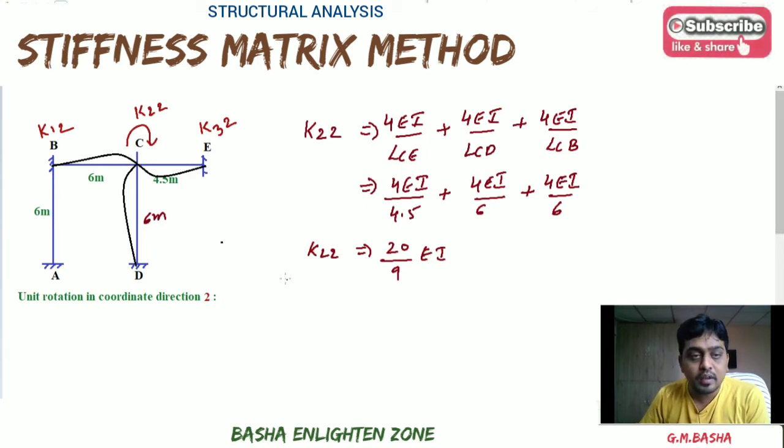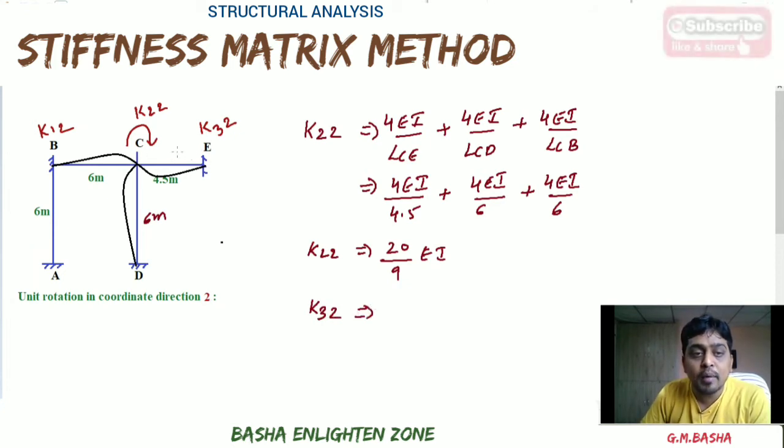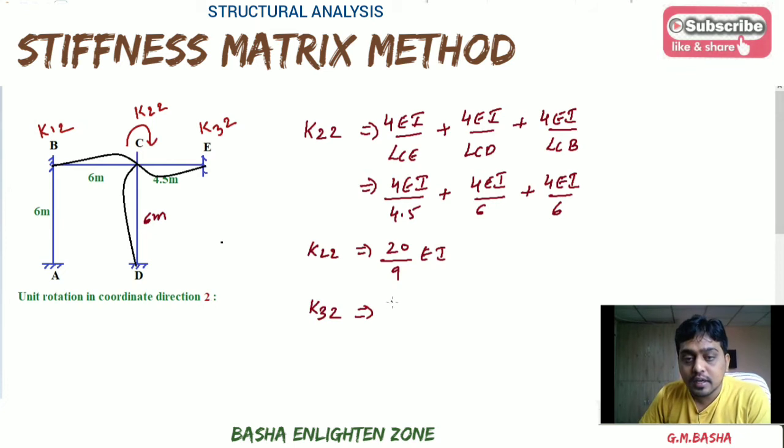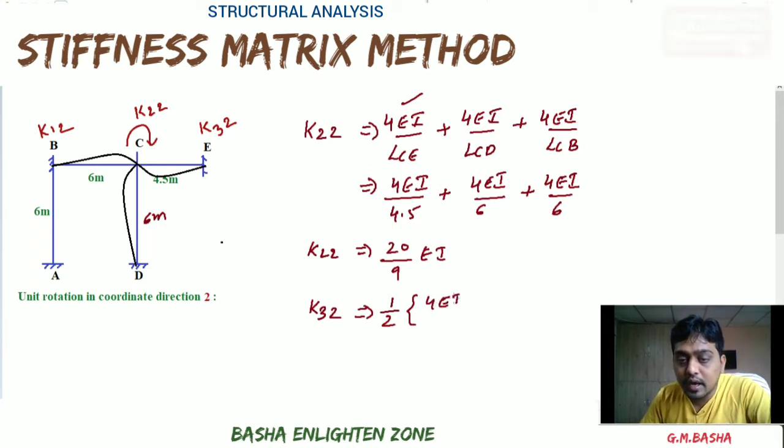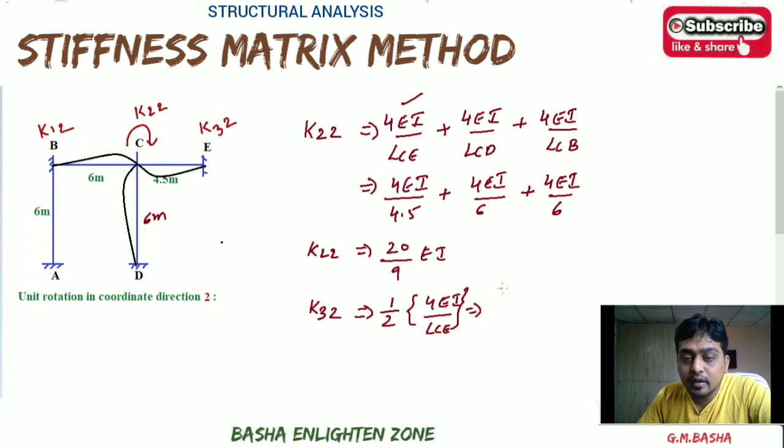In the same way, K32. What about K32? Whatever moment is applied in the span CE, exactly half of that moment is carried over. That is half of this 4 EI by LCE. If you simplify this and cancel the terms wherever possible, you will get 2 EI by 4.5.